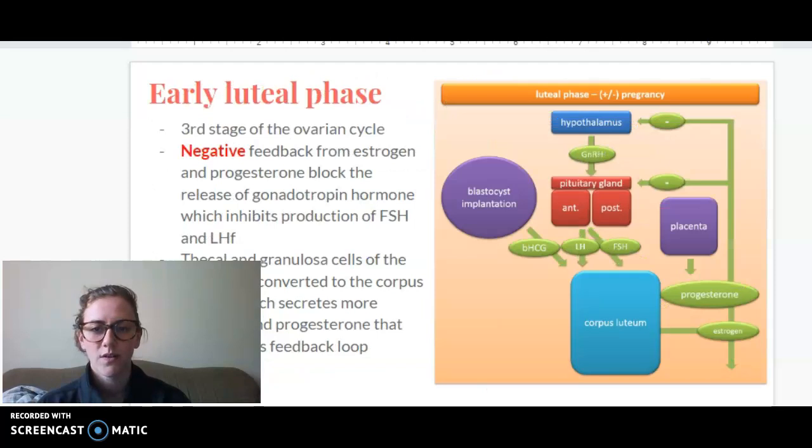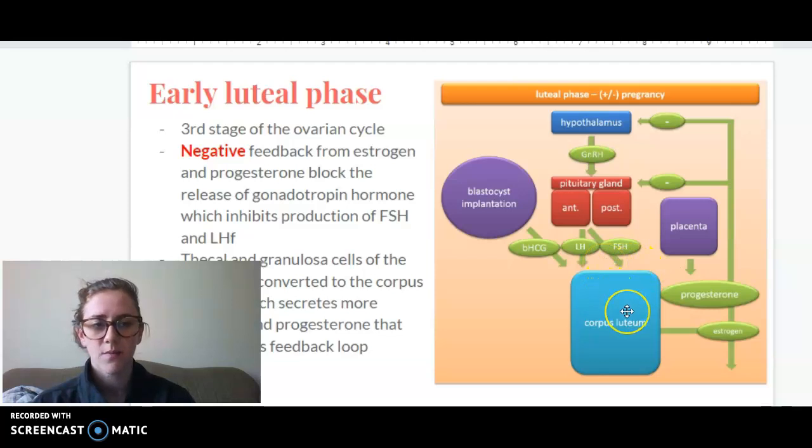So next we'll move on to the luteal phase, which is the third stage of the ovarian cycle. In this stage, we're going from the point of ovulation where hormone levels were extremely high, and high levels of hormone stimulate a negative feedback loop to start to decrease the production of FSH, follicle stimulating hormone, and luteinizing hormone.